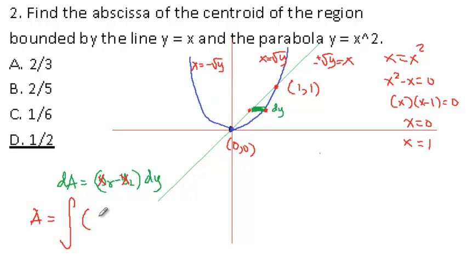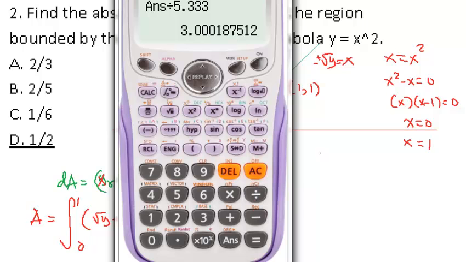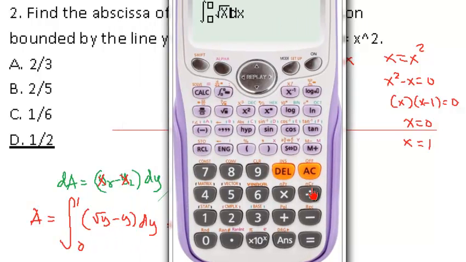So square root of y minus x left, where x is equal to y, dy, from y equals 0 to y equals 1.